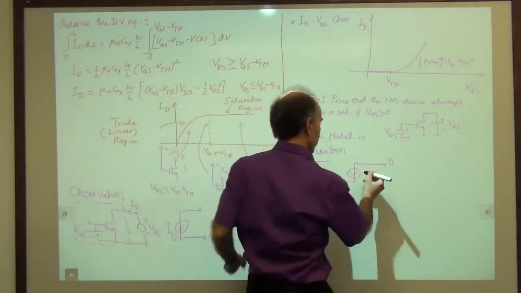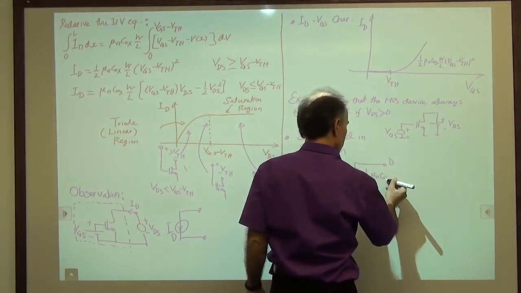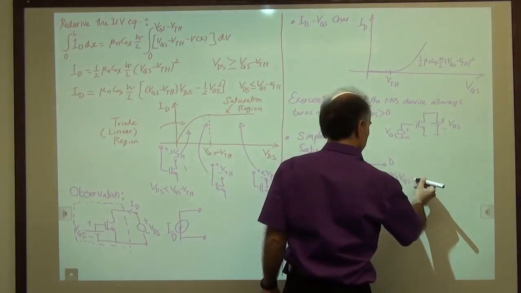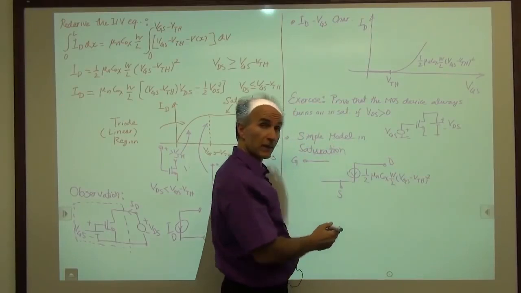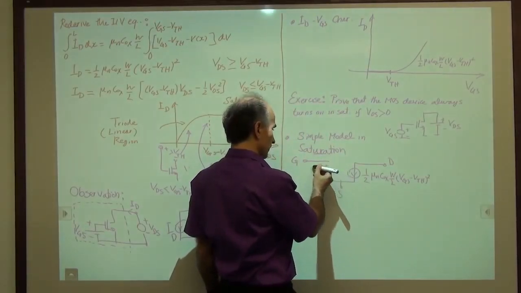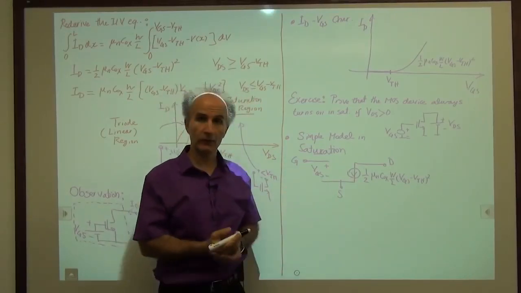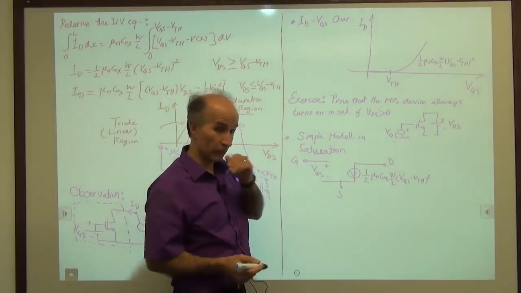So I will write this as 1/2 of mu n C ox W over L (VGS minus VTH) squared. And VGS is where? VGS is here, between the gate and the source. This is our model. Very simple, just in terms of a voltage-dependent current source.